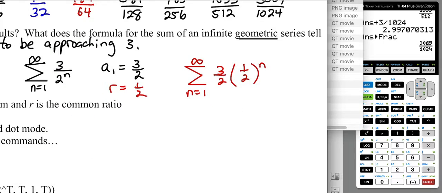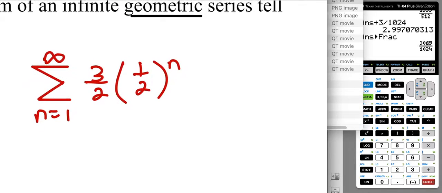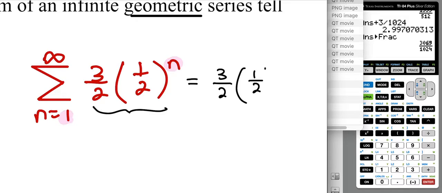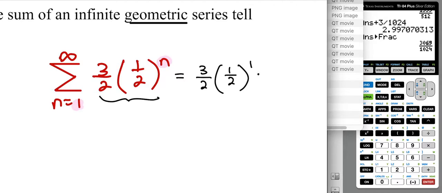If I identify the first term of this sequence, based off of this expression, I would be replacing the n value with a 1. And so I would have 3 over 2 times 1/2 to the first power. Now that's going to give me 3 over 4.